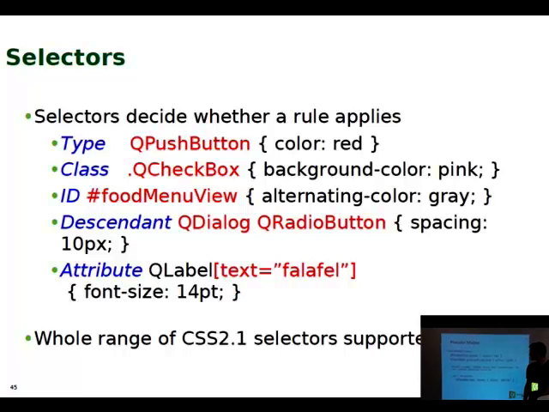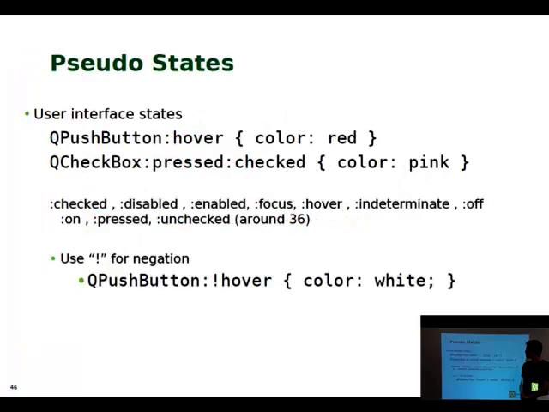And interesting stuff, like in CSS, we can also specify a different style while the mouse is over the button. And the pseudo style can be used for many things, like say if a checkbox is checked, disabled, or if any widget has the focus, and so on.